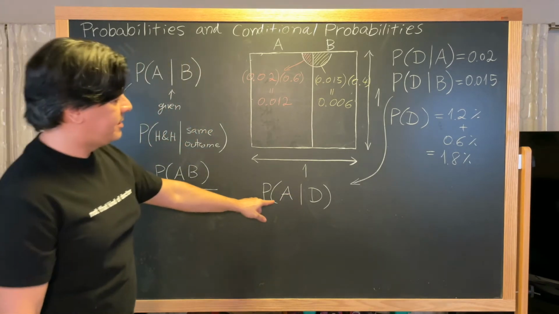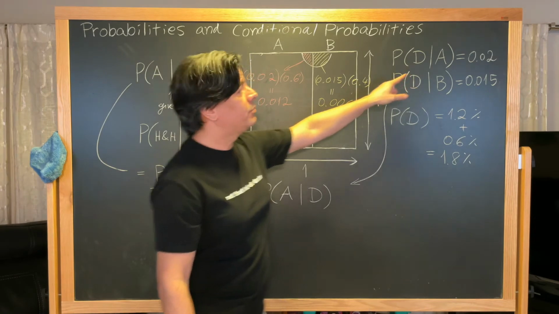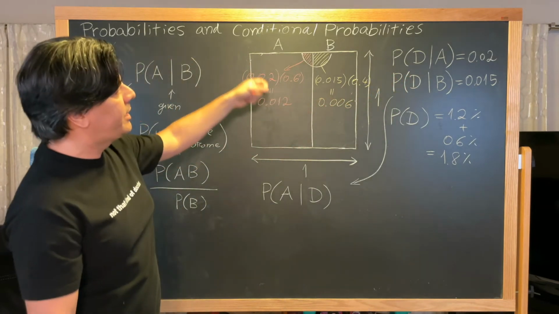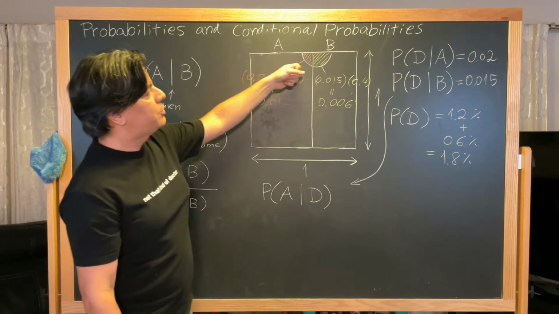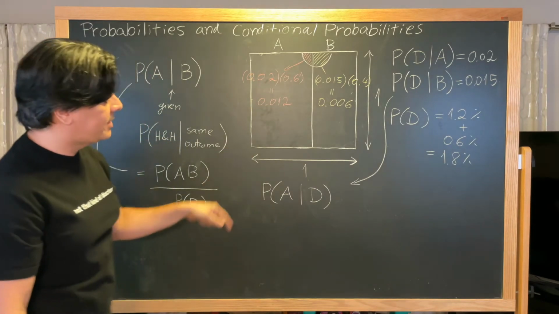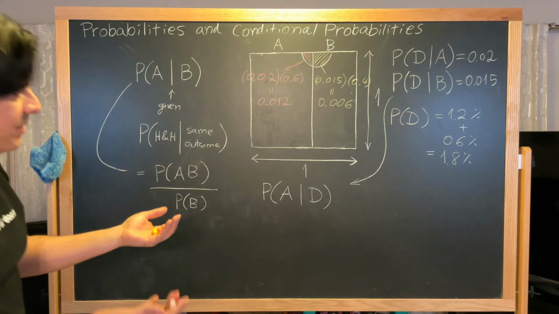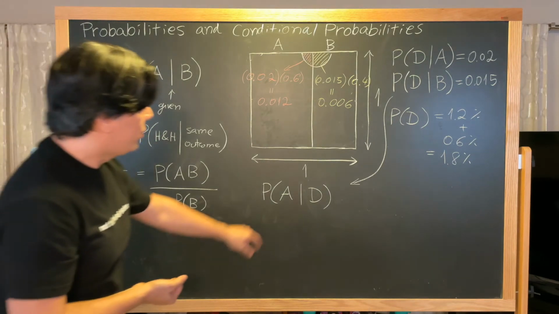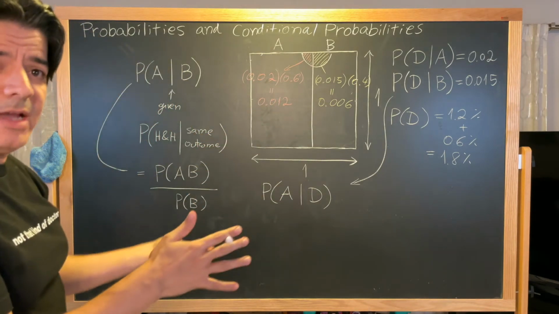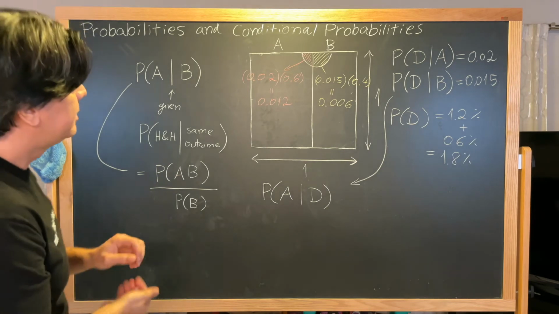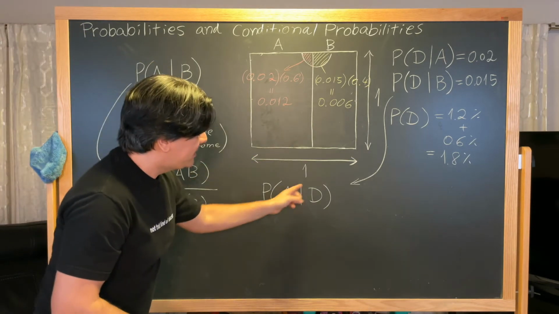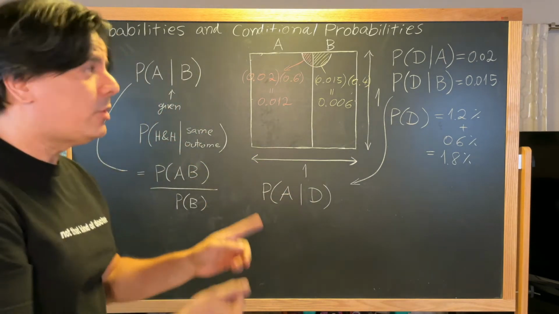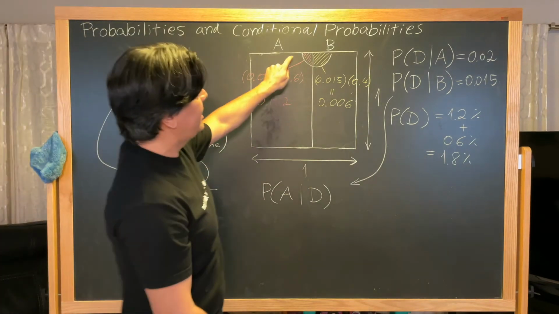Well, notice that this is the flip side of that one. This one is, I told you it came from A, what is the chance it's defective? And now I'm asking you, I picked one, it's defective, what is the chance A made it? Well, here's the idea, in terms of thinking of the areas, and then we'll see the formula. Given D means I shot a dart and it fell in here.